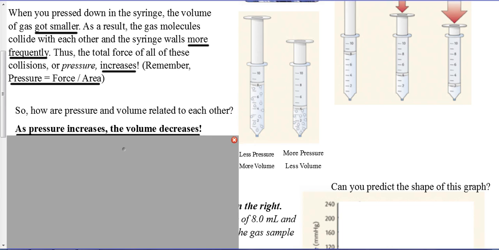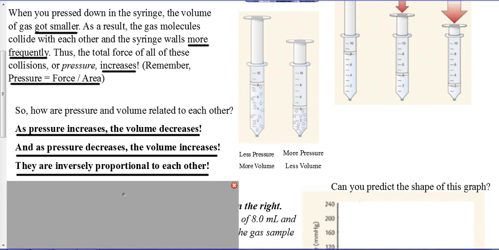Okay, so the relationship that we want to remember is as pressure increases, volume decreases. One more time, as pressure increases, volume decreases. And we can do the alternative, right? As pressure decreases, volume increases.